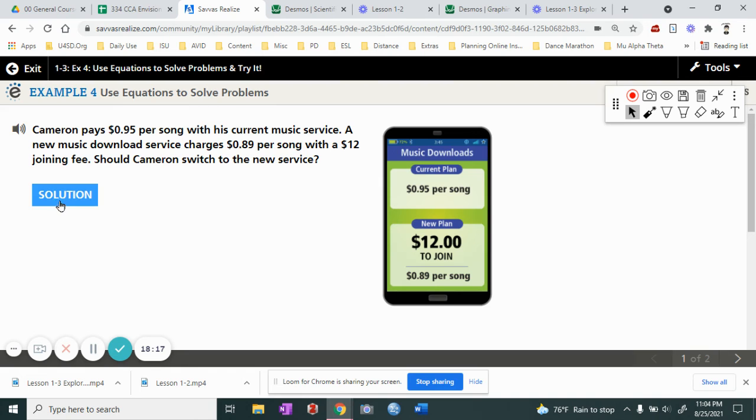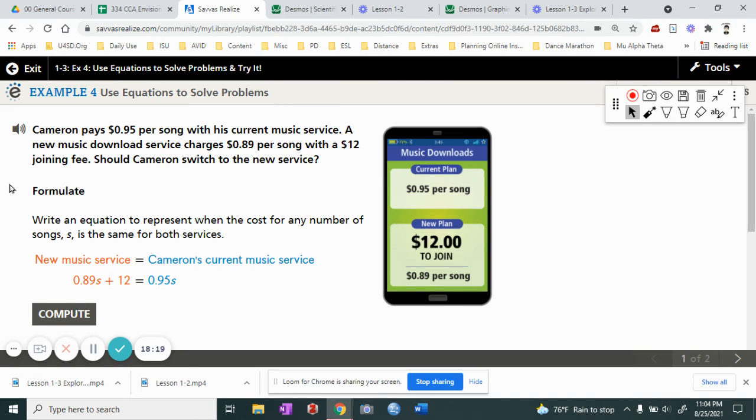Well, let's take a look. We are going to write an equation to represent the cost for any number of songs that is the same for both services. Okay? So the first one, 95 cents per song. That's what is in blue here. There's no extra charge. It is just 95 cents per song.